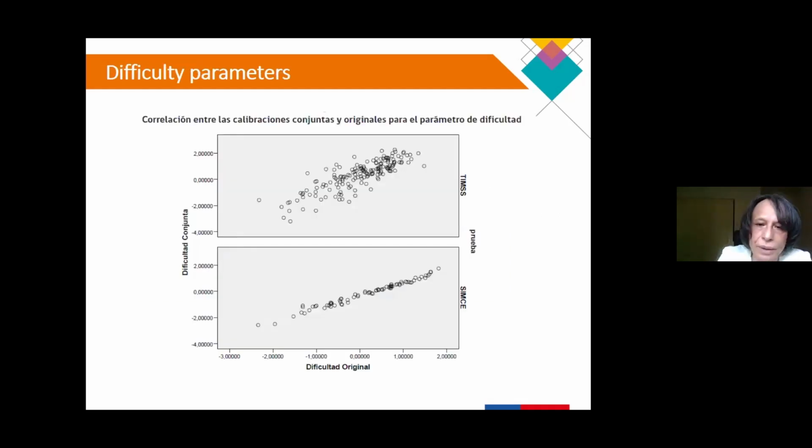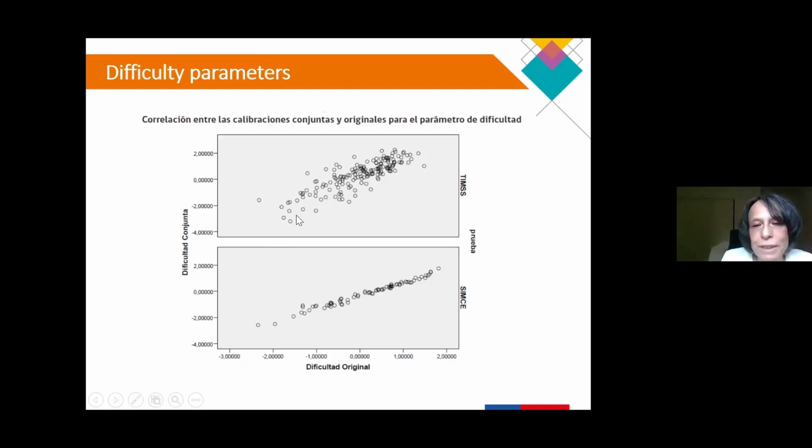Well, graphically, we can see that. That's the 0.82 correlation, and that is the 0.99. Well, that is not surprising because that means putting the SIMSE and the TIMSS items together and coming up with difficulty. The only thing it shows is that effectively the SIMSE item difficulties were very appropriate for the SIMSE population.